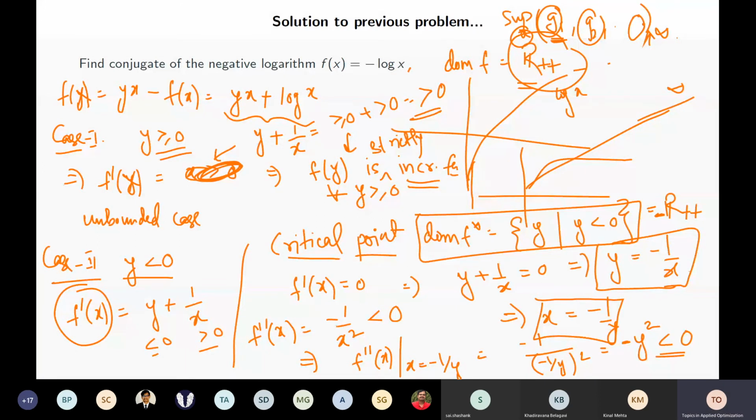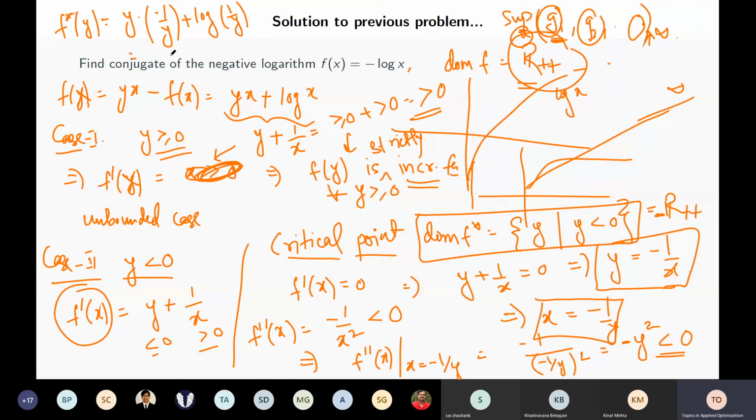Okay, and for which of these values of x am I getting the supremum? The values of x are 1 over y, so x is -1 over y for these cases, right? So if I write down fully, f star of y is now y times x, with x equal to -1 over y, plus log of -1 over y.